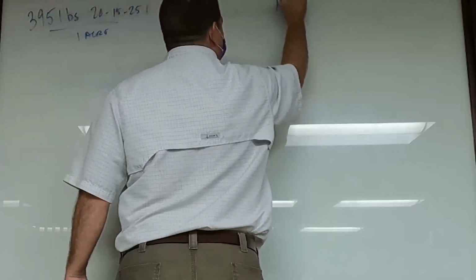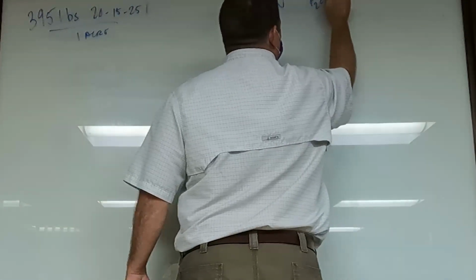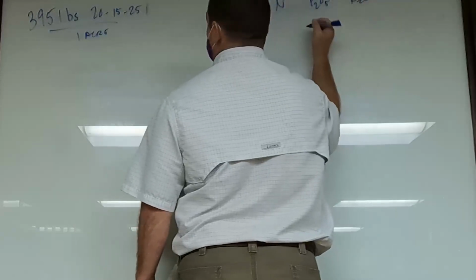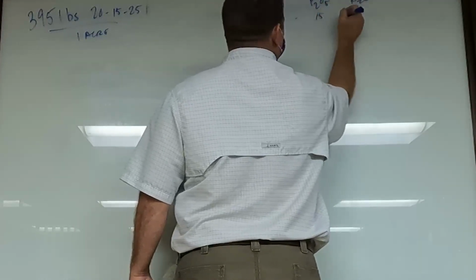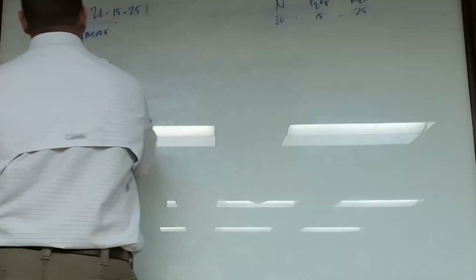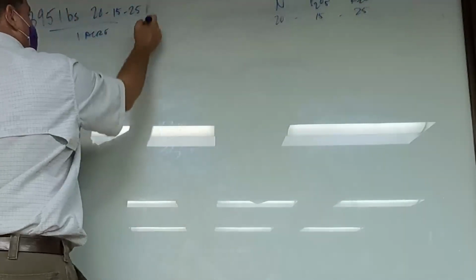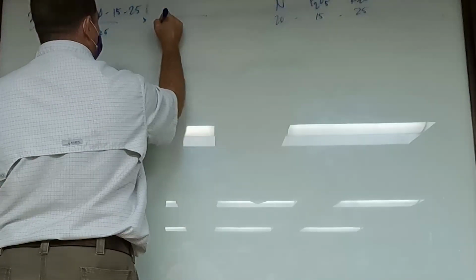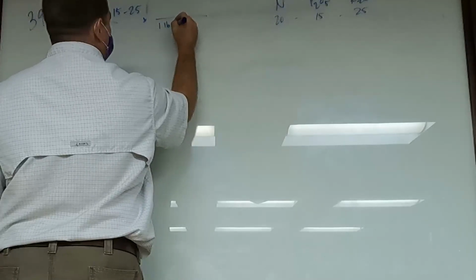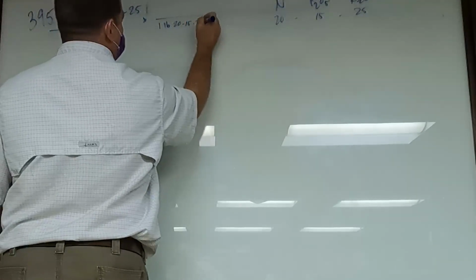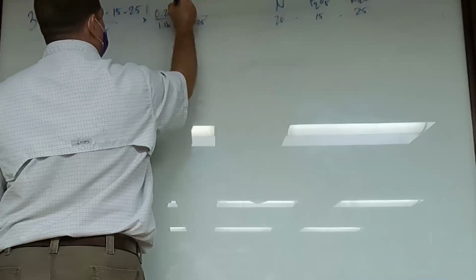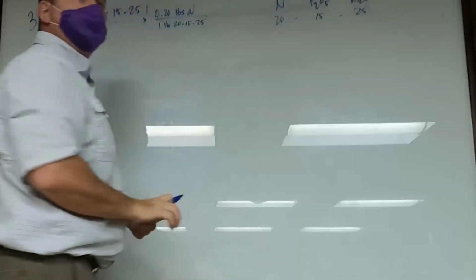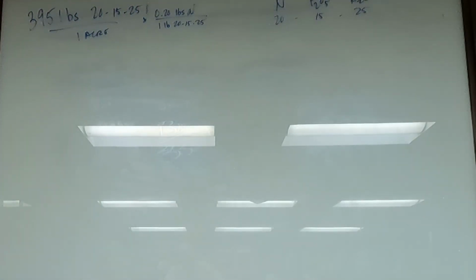And remember, this is N, P2O5, K2O. So this is 20, 15, 25. We've already applied the material. 20% of that 395 pounds is nitrogen.